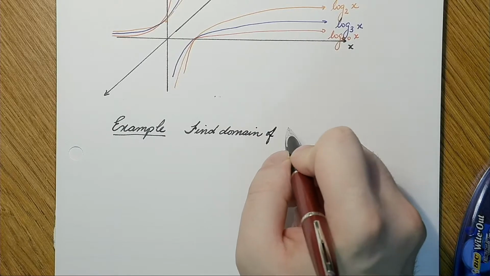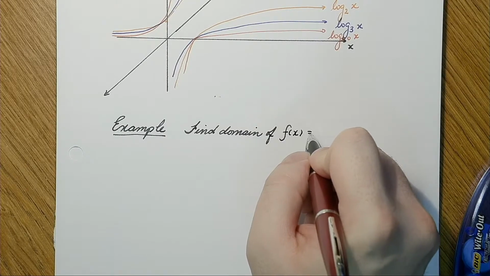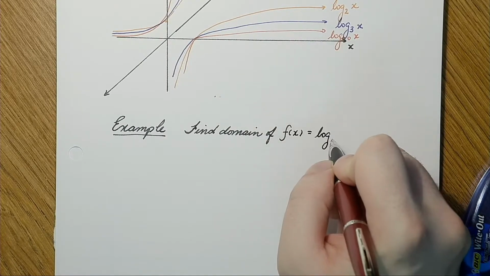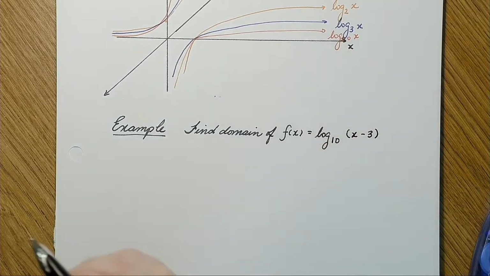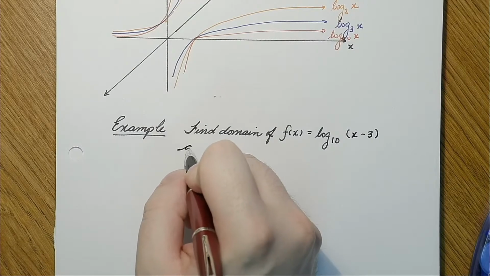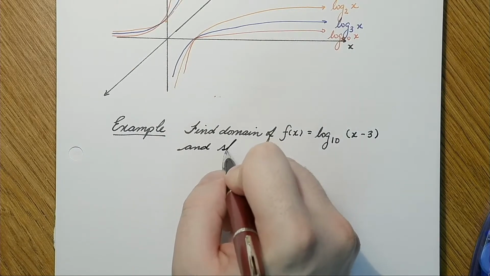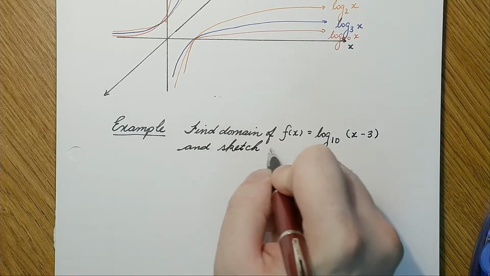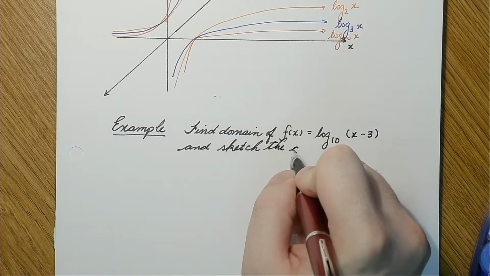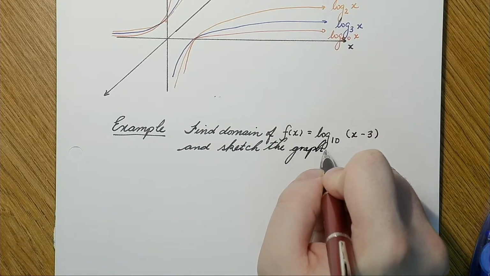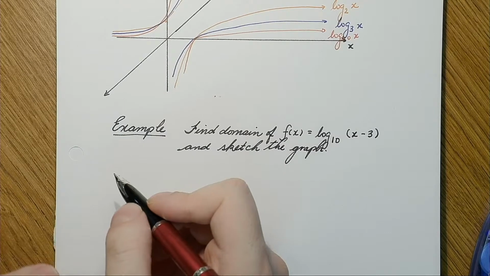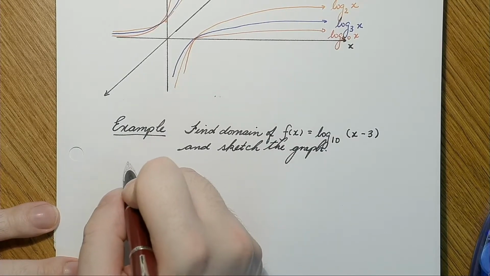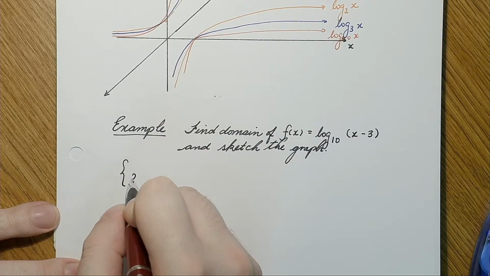Find the domain of f of x, log to the base 10 of x minus 3, and sketch the graph. So again, we saw how the domain is important. So we'll actually find what that domain is. So we have the domain.